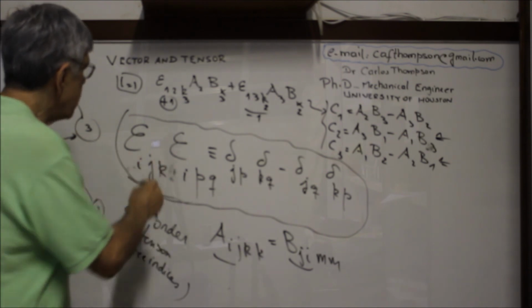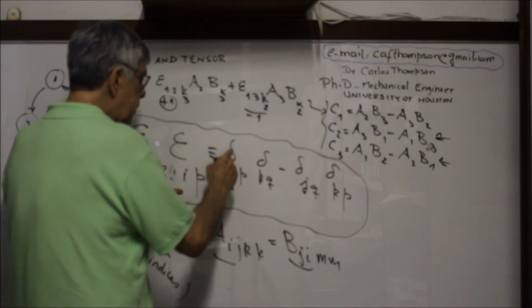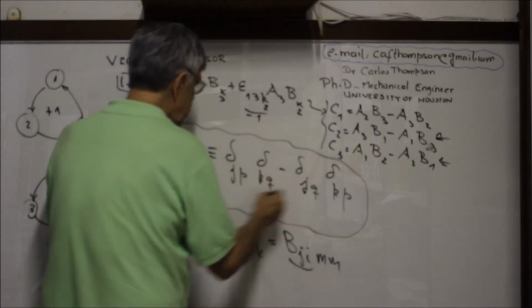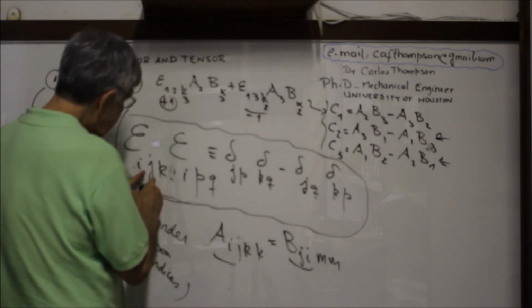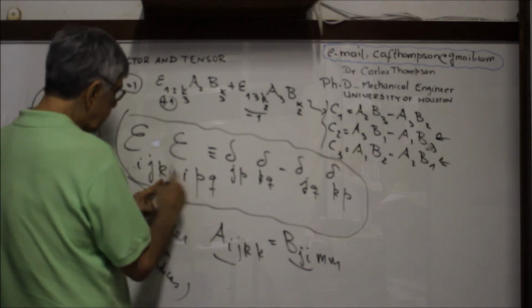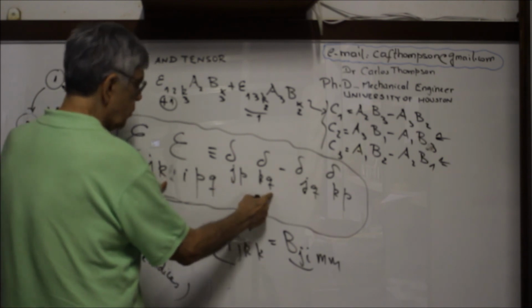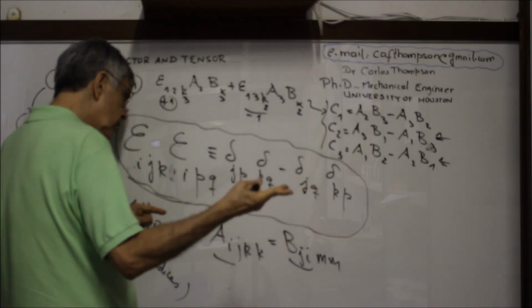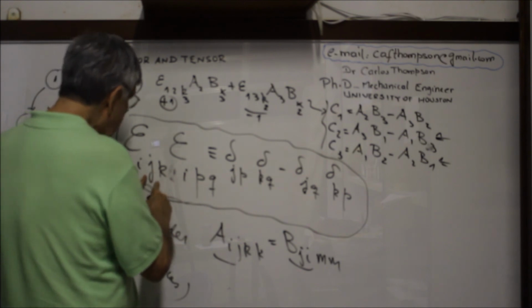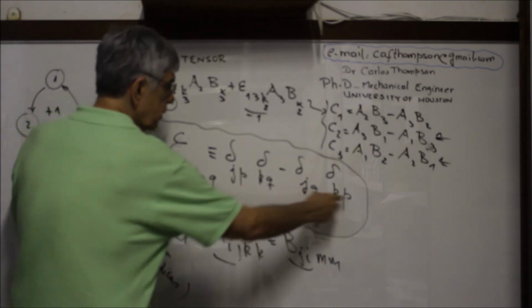Please don't forget this. When you see epsilon IJK, epsilon IPQ, repeat 2 deltas, put minus here, and then the second one picks the second one here, the third one the third one there. See, JP, KQ. Put minus. Now you reverse: the second gets the third one, and the third one gets the second, and put it there.